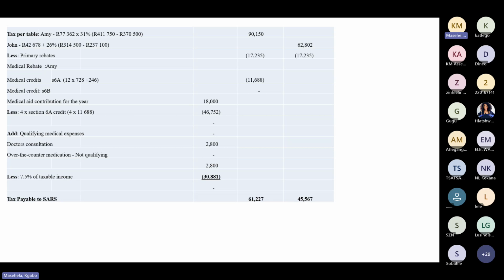That is a principle. Another principle is when you calculate your normal tax payable, sometimes it doesn't matter whether you get taxable income correct or not, as long as you have used the correct tax rate.